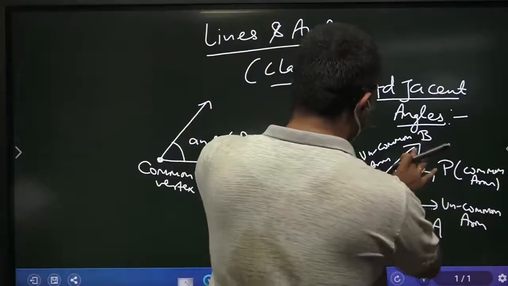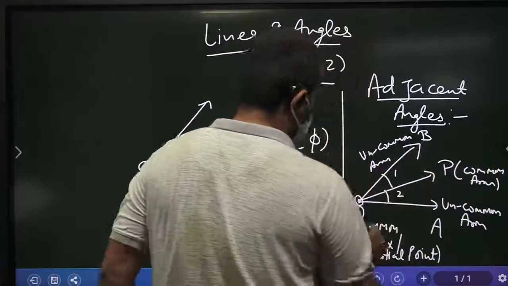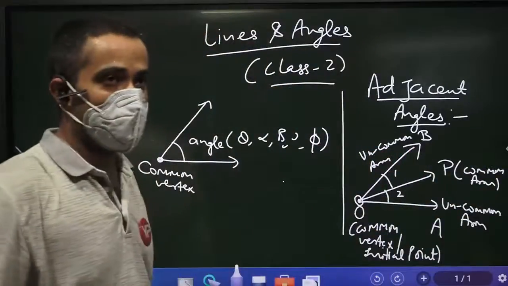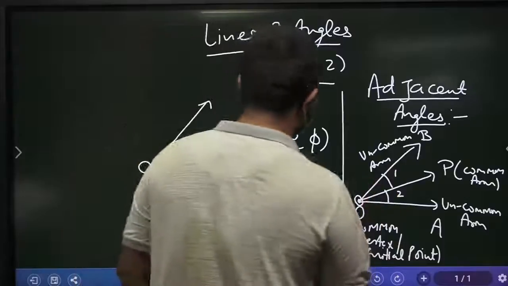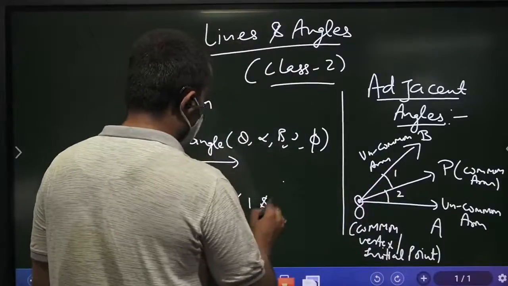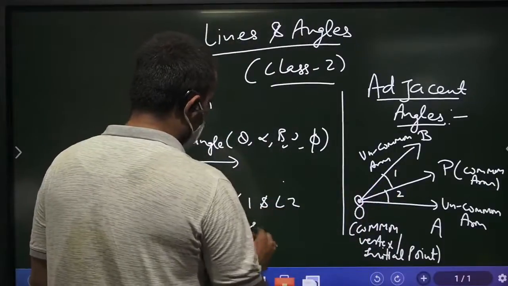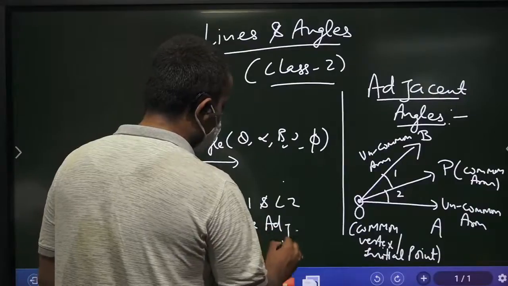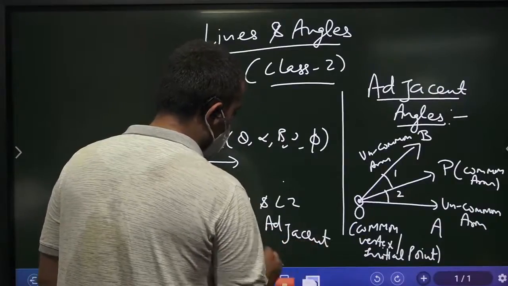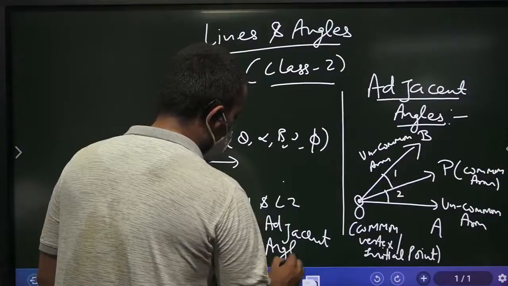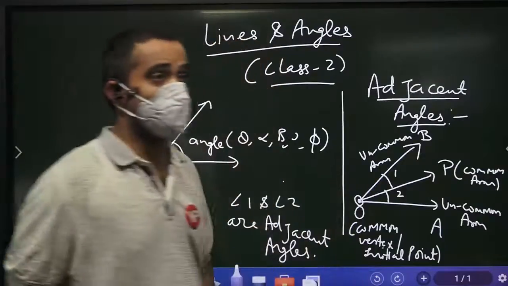So two uncommon arms, one common arm, and one common vertex or initial point make adjacent angles. Angle 1 and angle 2 are known as adjacent angles. This is the definition of adjacent angles.